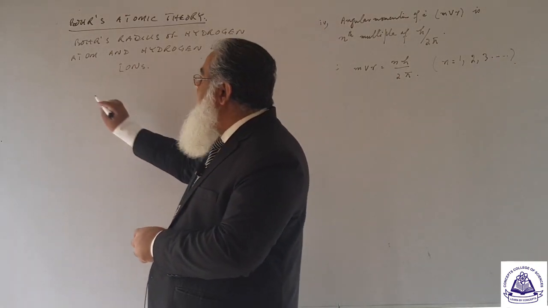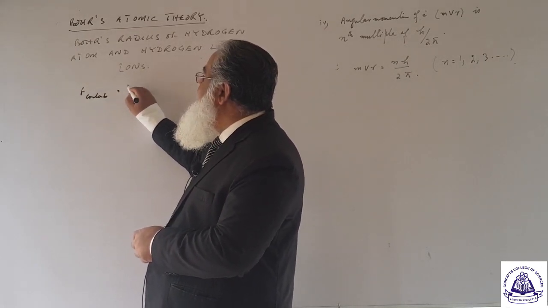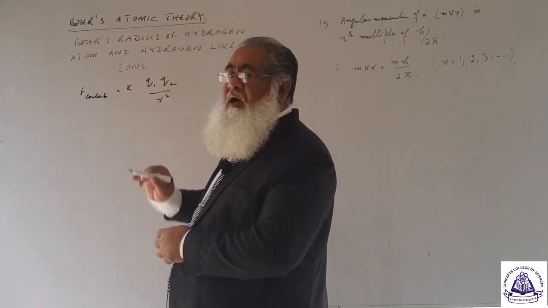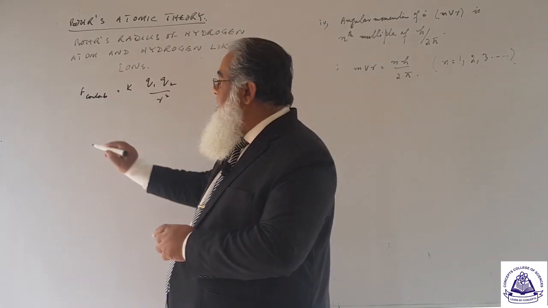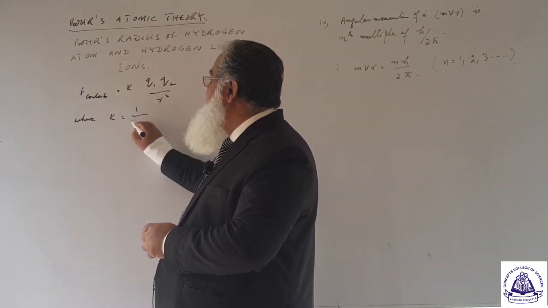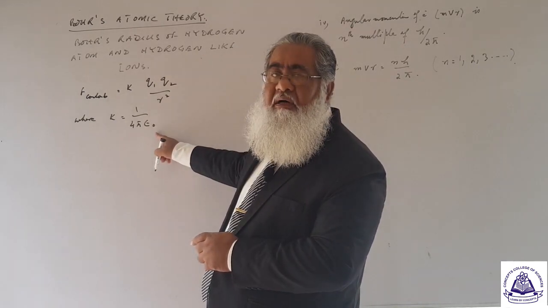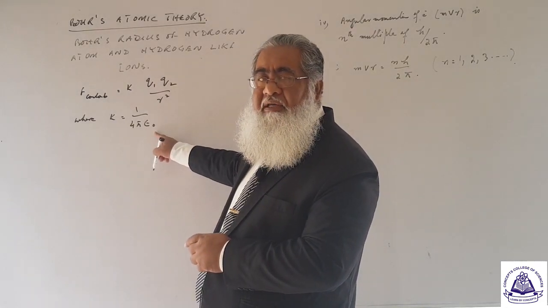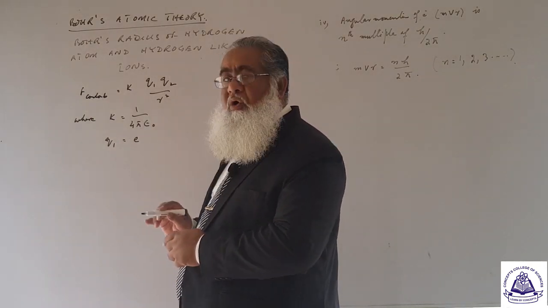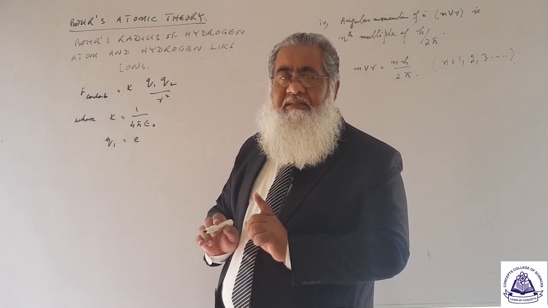This is given by the formula Coulombic force is equal to K Q1 Q2 over R square, where constant K is equal to 1 over 4 pi epsilon naught, where epsilon naught is the permittivity of vacuum. Q1 is the charge of electron, which is equal to the charge of proton, but its sign is opposite.